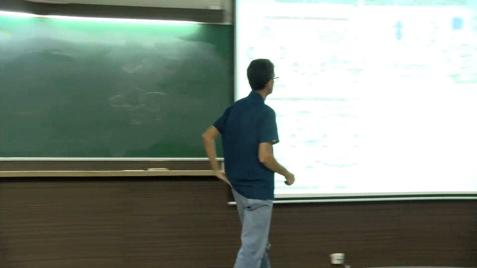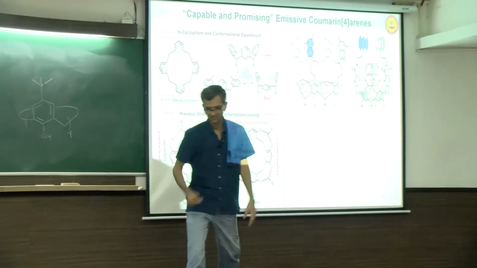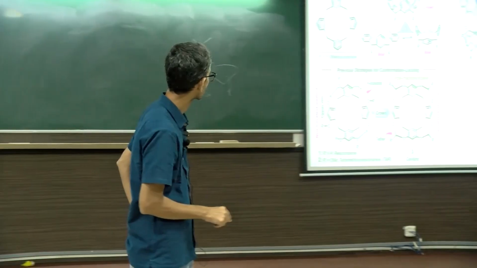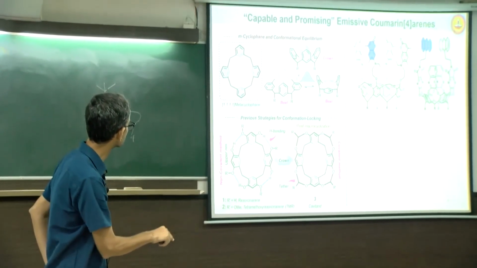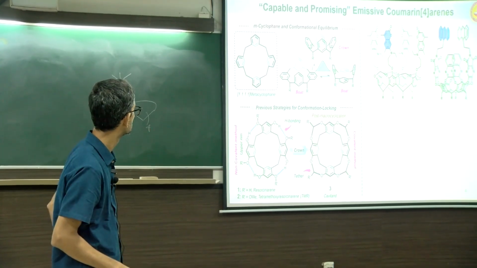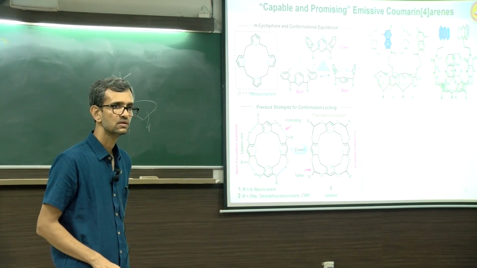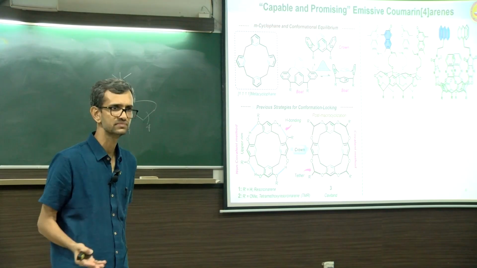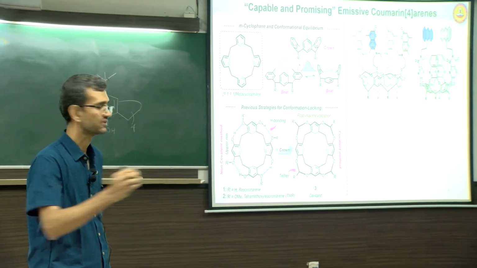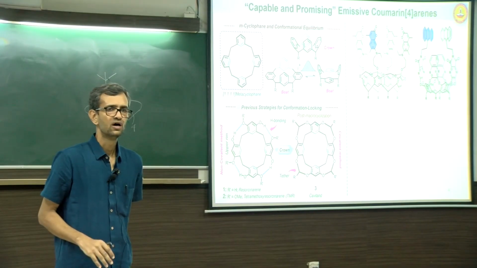Sir, the tethered one, the covalently tethered macrocycles. Do the R primes need to be the same, because of symmetry? Usually it is the same because you start with the R prime containing unit for doing this reaction.